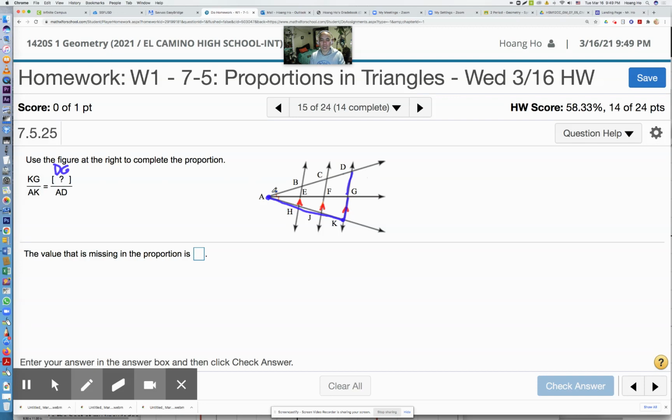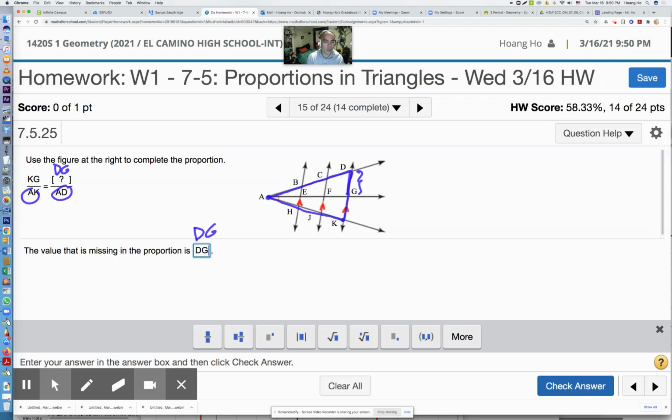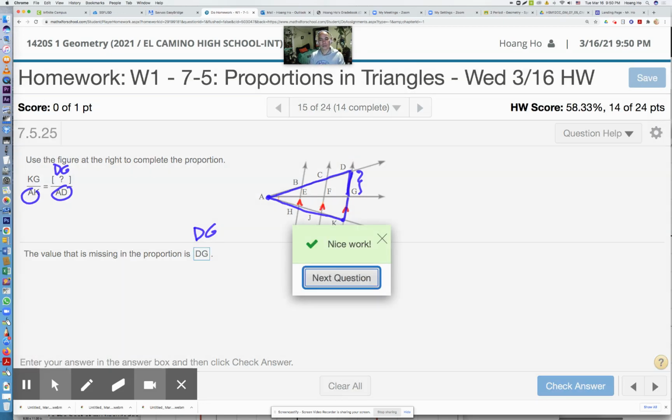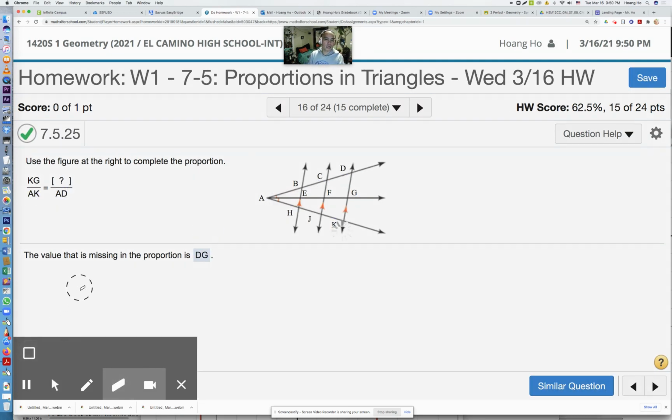And you see AK goes with AD, so AD on the bottom right here, that's correct. So the missing thing is DG. Make sure you put capital D and then G. Okay, done.